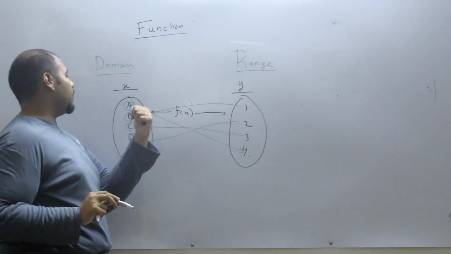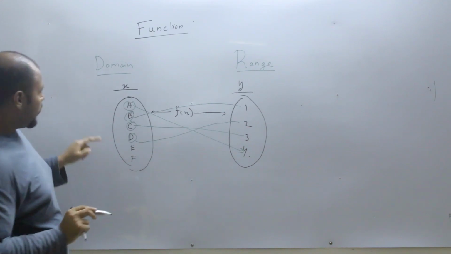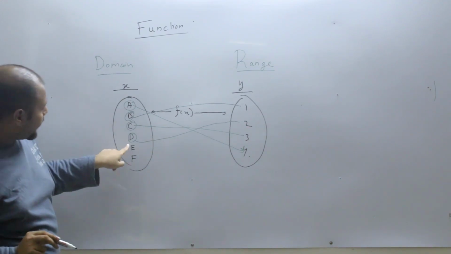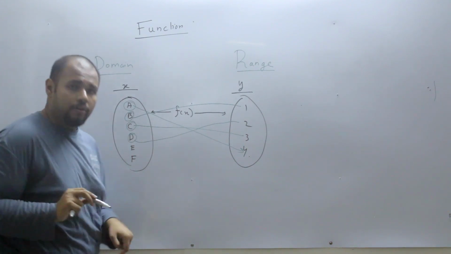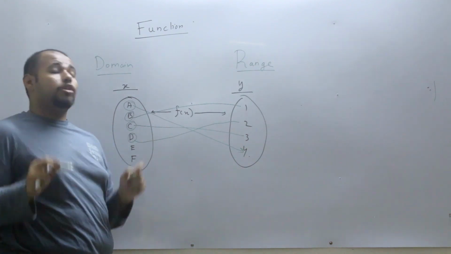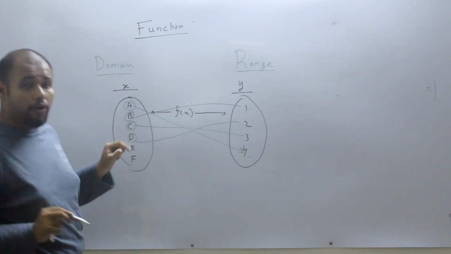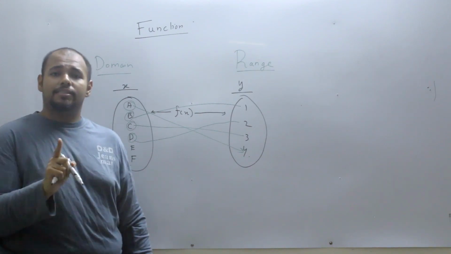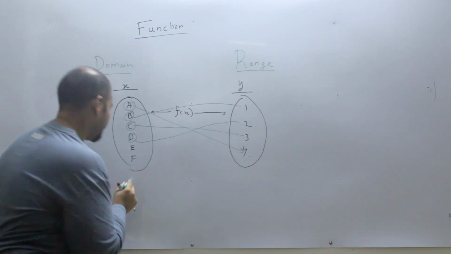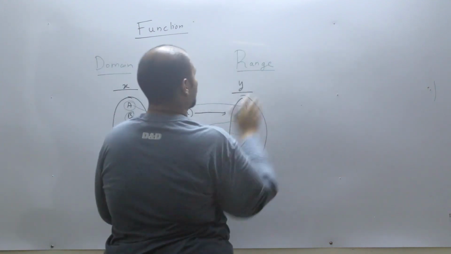That means when you give these values of x, you are going to get these values of y. Now you can see that there are 2 more elements in your domain, E and F, which do not map to any values of y. That means for the elements E and F, the domain of x is undefined. Let me write it down over here.